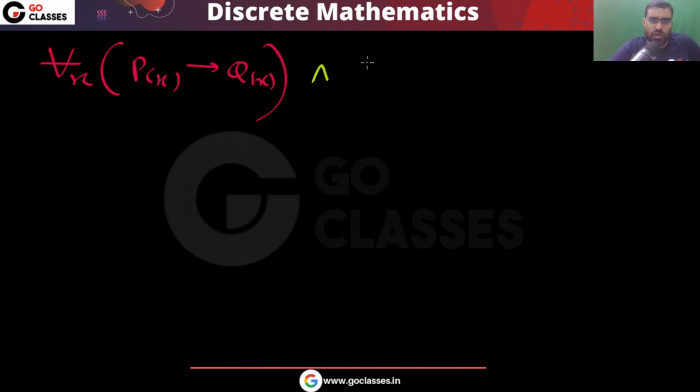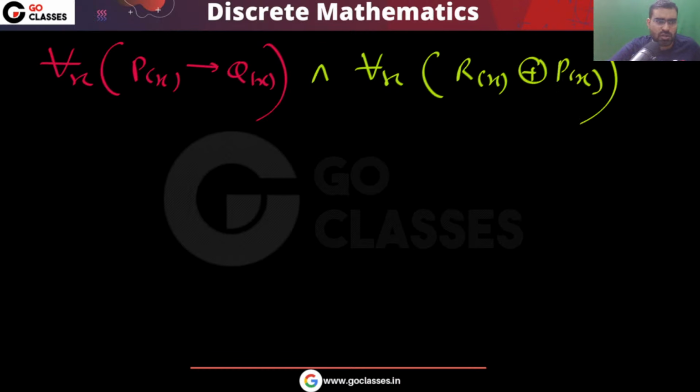This is the scope, but remember, as I told you, if I give you for all x, and let's assume you have px implies qx, and let's assume you have for all x, and here you have something like rx XOR px.